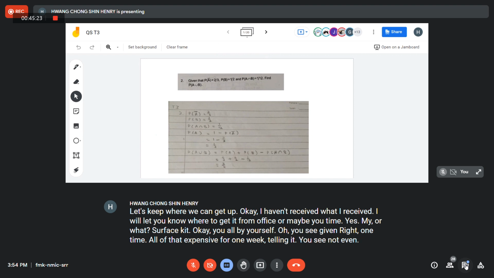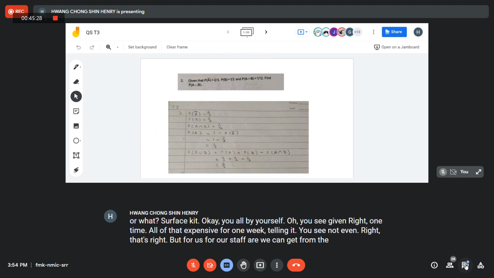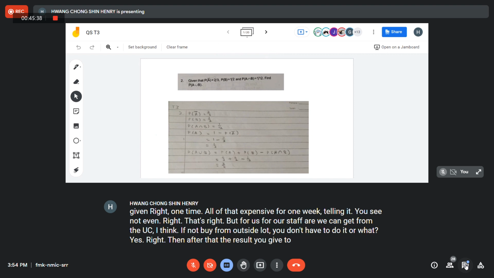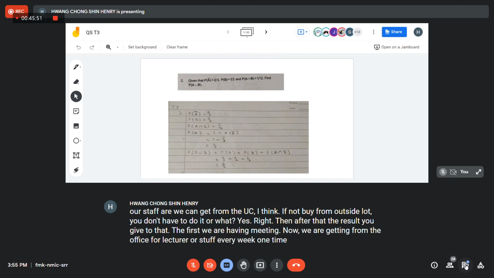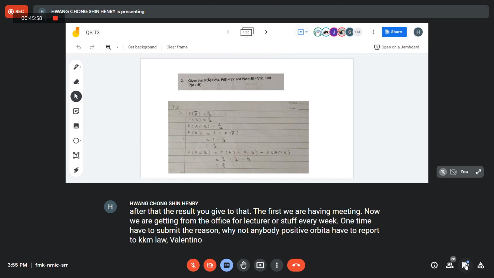But for us staff, we can get from the UC, I think. If not, buy from outside. You all have to do it? Yes, right. Then after that, the result you give to who? Because we are having a meeting now, we are getting from the office for lecturers and staff every week one time. Have to submit the result. Anybody positive for COVID has to report to KKM, quarantine and do the PCR test.